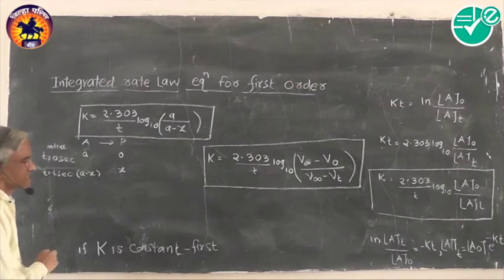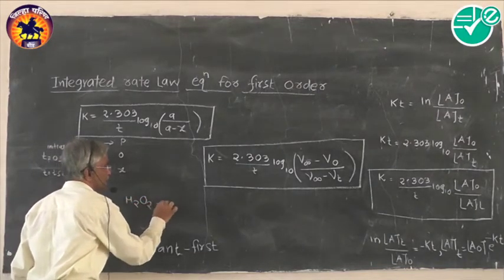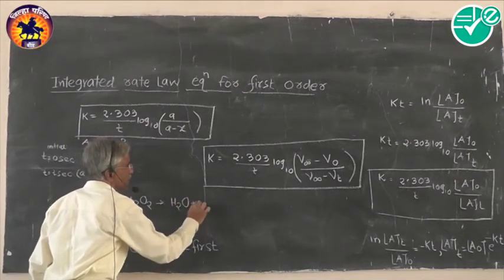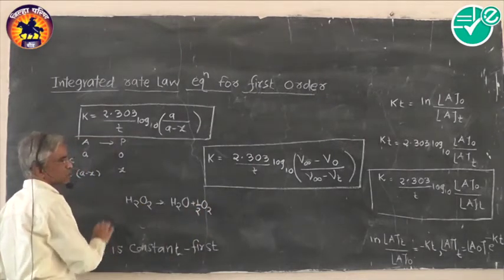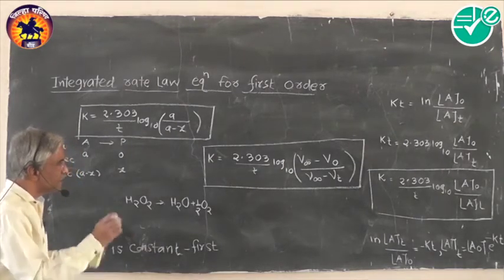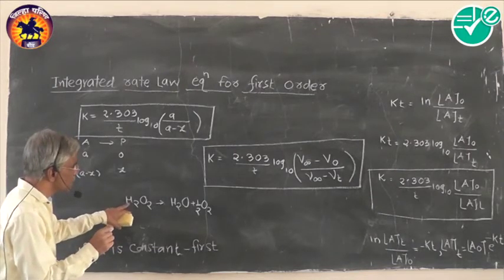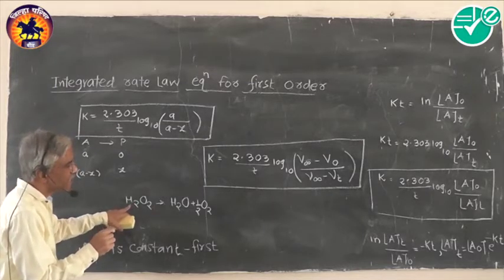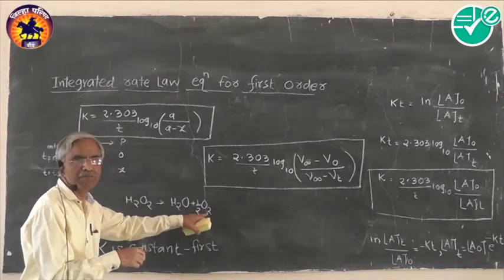In some cases, such as the first order reaction of hydrogen peroxide decomposing into water and half a molecule of O2, or we can write 2H2O2 here also, in such reactions the reactions are not studied depending upon the concentration of the H2O2 reactant, but depending upon the volume of oxygen that is obtained in the product.